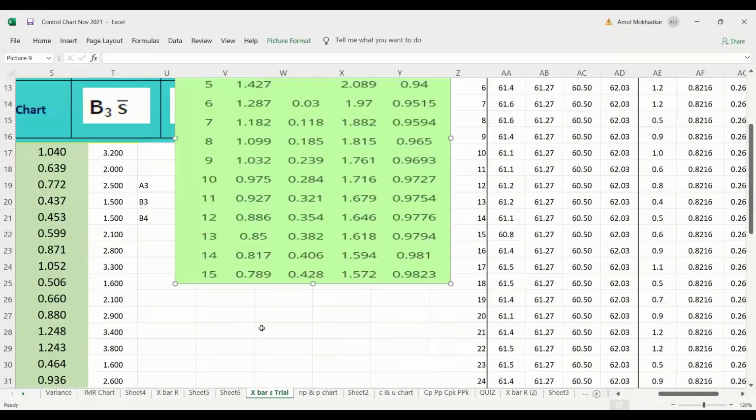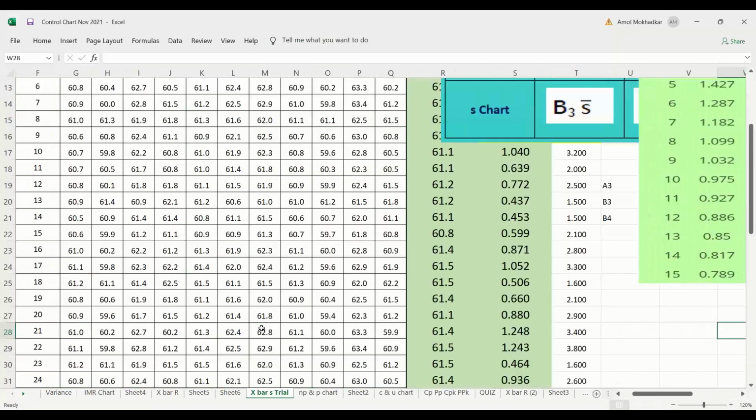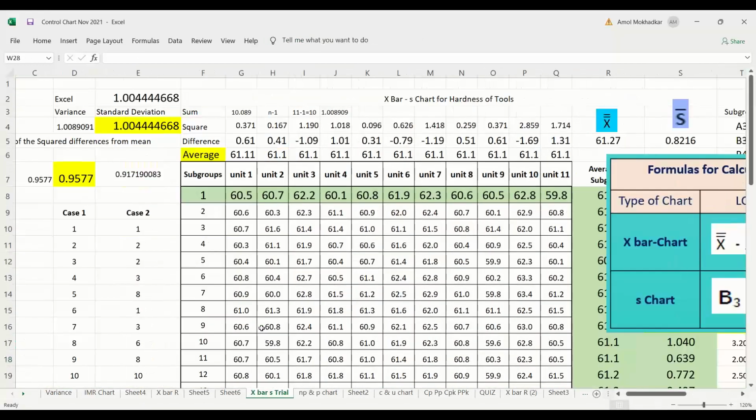So, X bar S chart. Here, what is the subgroup size I have taken? What is the subgroup size? 11. Yes.